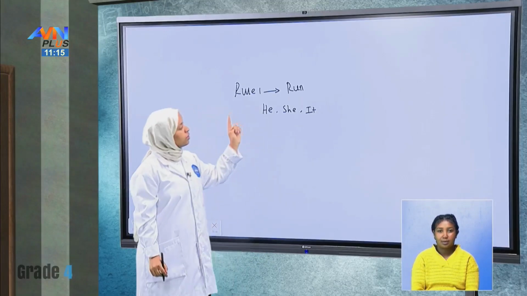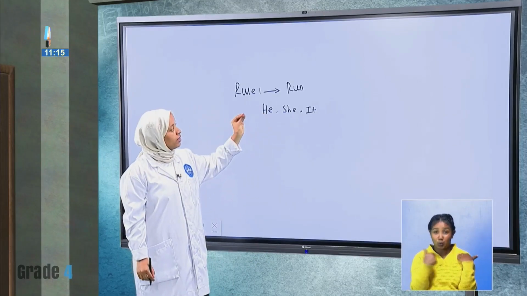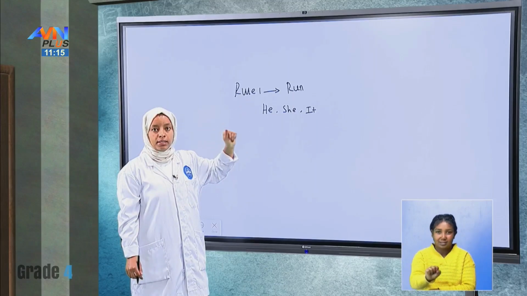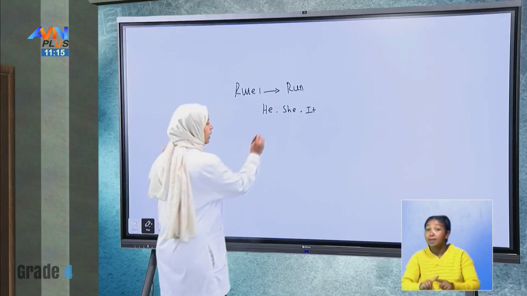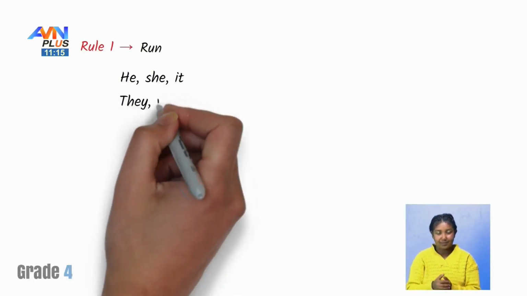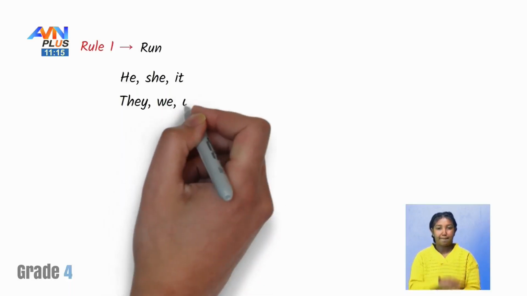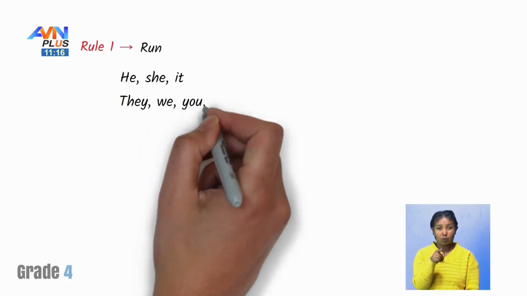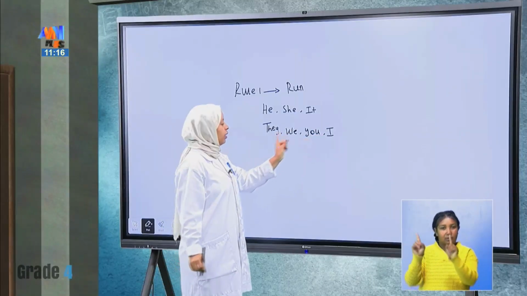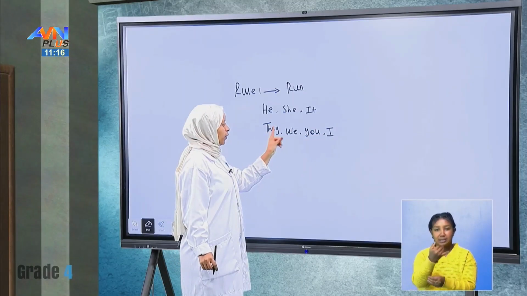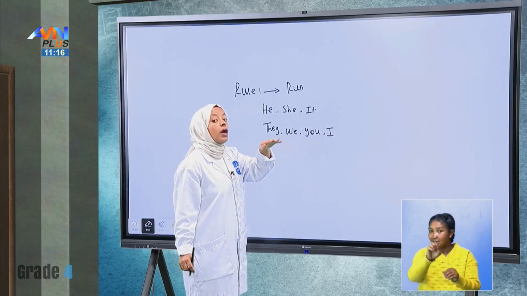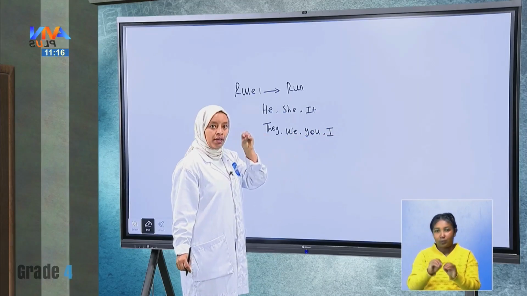For singular subjects, we add at the end of the verb what? S, es, or ies. But when we come to plural subjects like they, we, and you, and also I, which is a specific condition, we don't add s, es, or ies at the end of the verb.